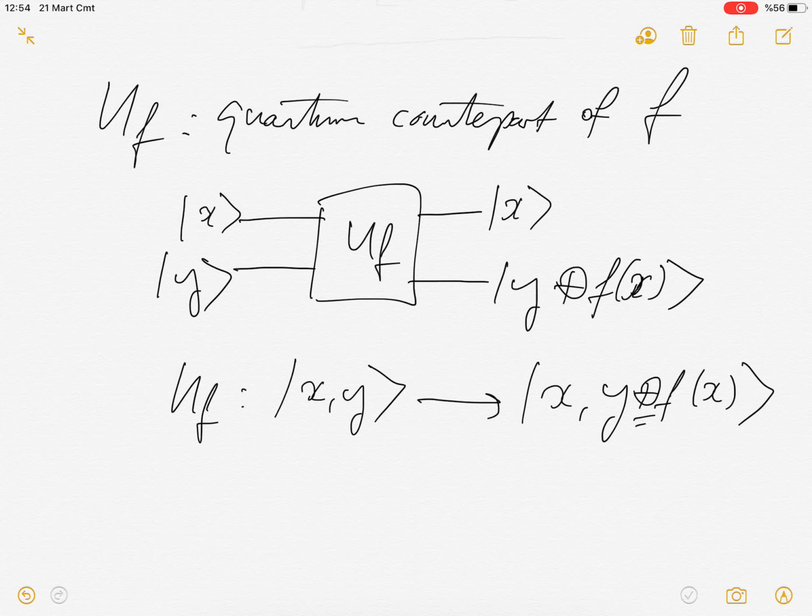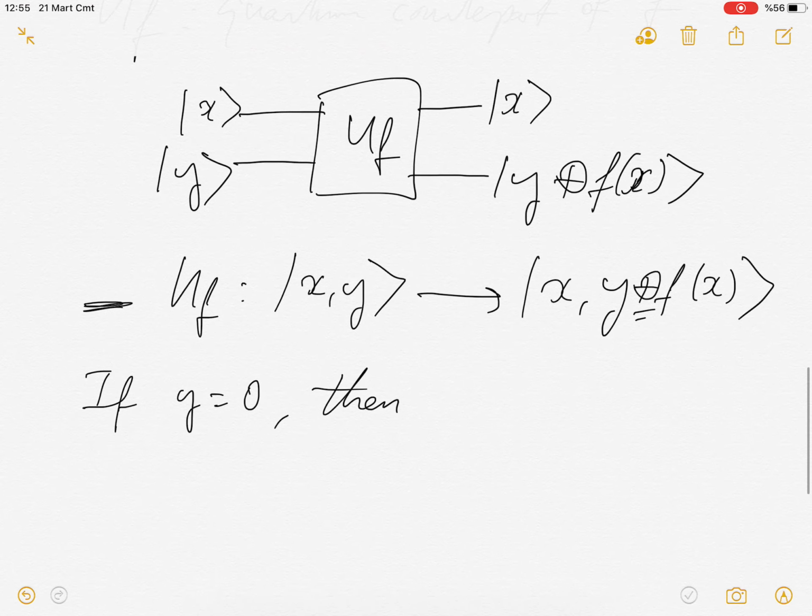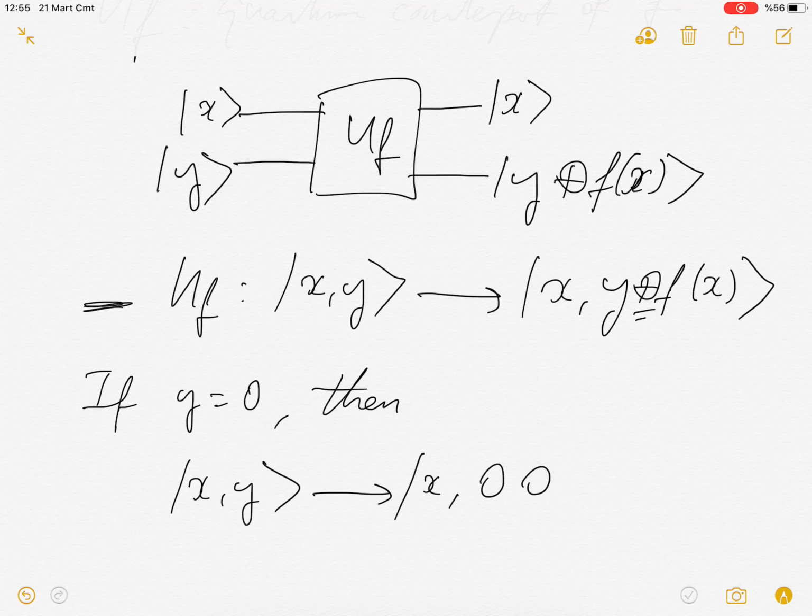Furthermore, if y equals 0, then the above expression simplifies: xy will be mapped to x, 0 XOR f of x. But this is simply x, f of x.